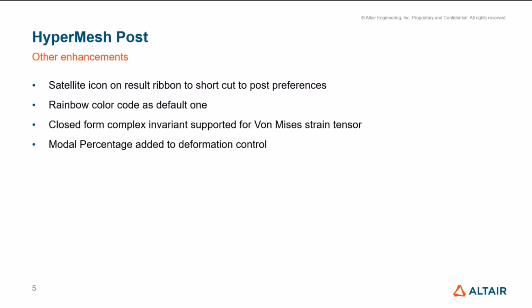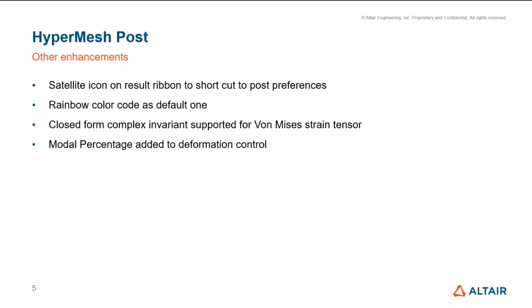We have finally also added the complex invariant in closed form for the strain von Mises tensor that we missed in the previous release. And we have also added the modal percentage display to the deformation control plot when it comes to, for example, modal or complex animation.